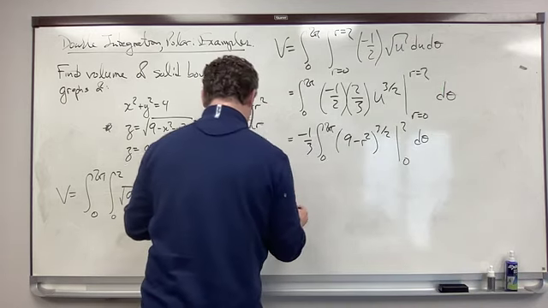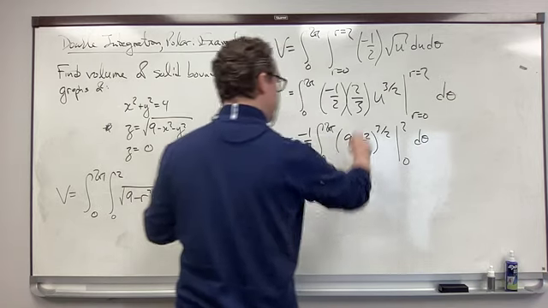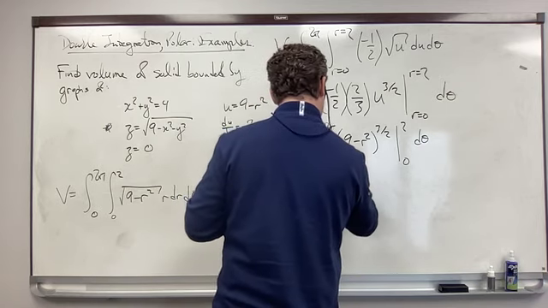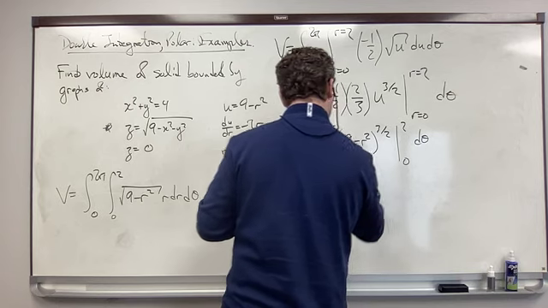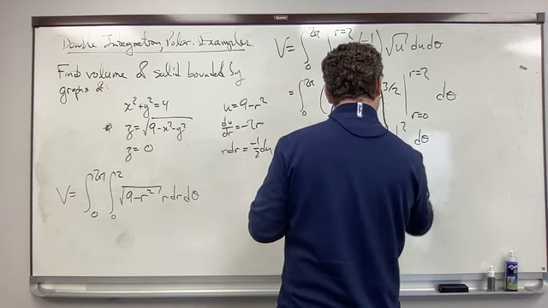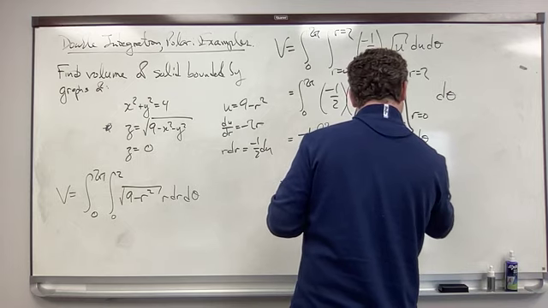Okay, so this is minus 1 over 3, 0 to pi. And then we go in and put the 2 in, so I have 9 minus 4, and then minus r being 0, 9 to the 3 over 2.